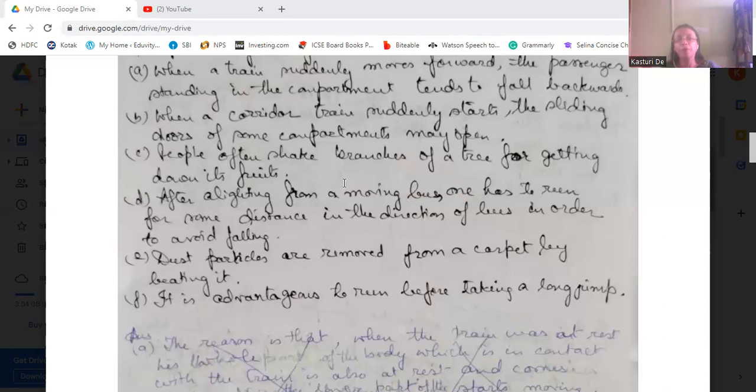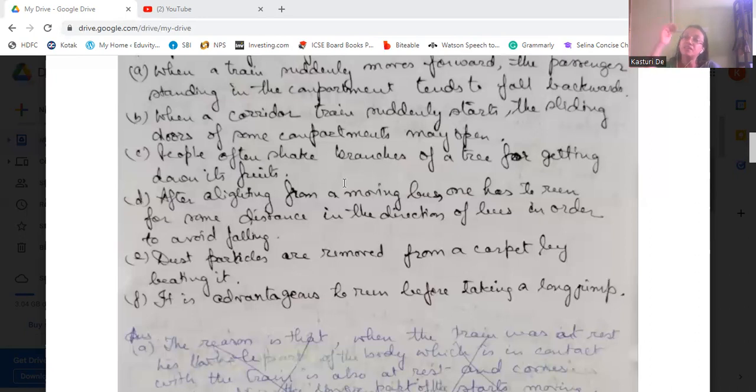Now, dust particles are removed from a carpet by beating it. Why? Because when you are beating the carpet with a stick, the carpet will fly. The carpet will come in the state of motion, with the inertia of motion, but the dust particles are still in the state of rest.